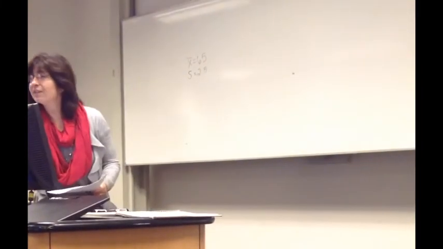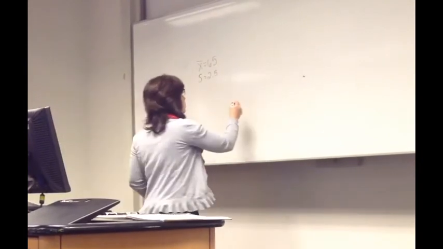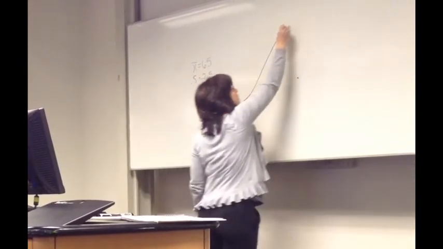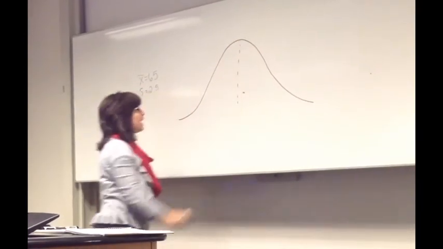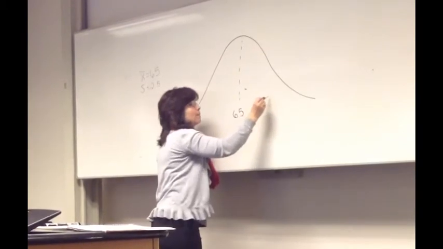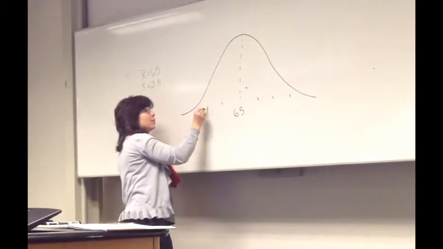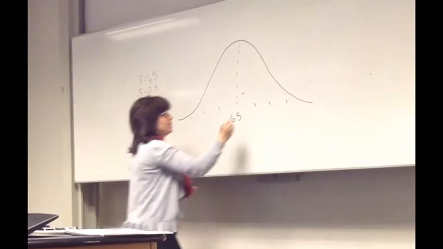Now, every time I give you a problem like this, I want you to draw the normal distribution because it's really important that you can see visually what's happening. So this means that we have an average of 65. We go up 3 standard deviations, down 3 standard deviations. So when I go up, I add 2.5 each time.